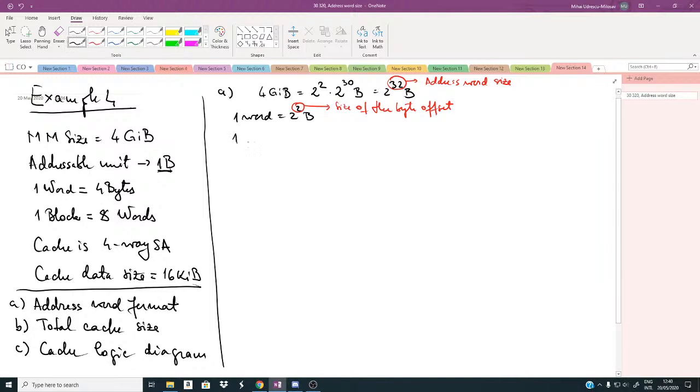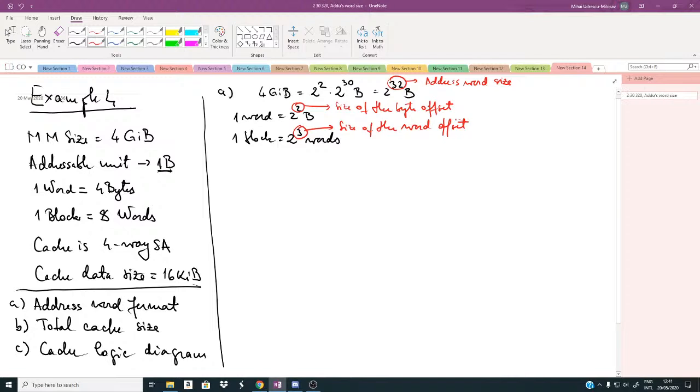And one block is on 2 to the power 3 words, which means that obviously 3 is the size of the word offset. Good.